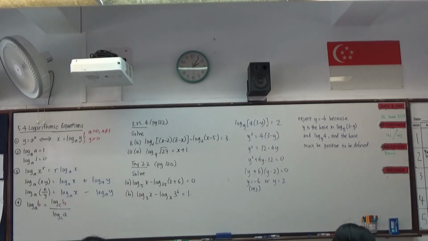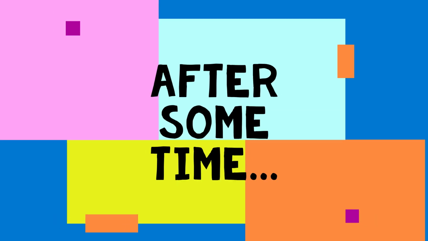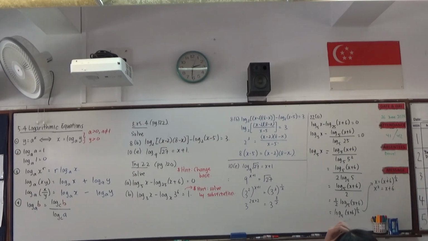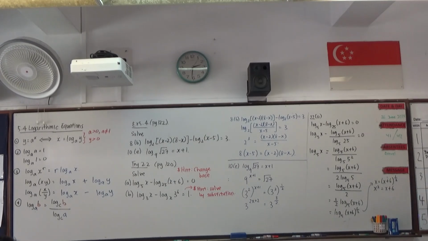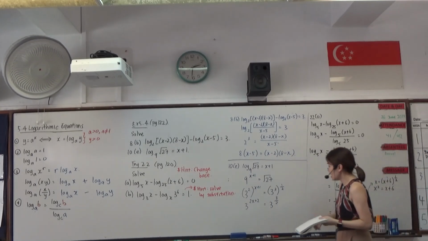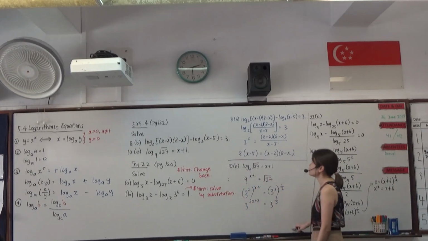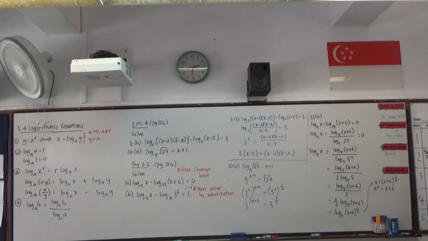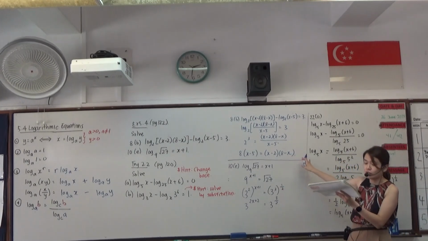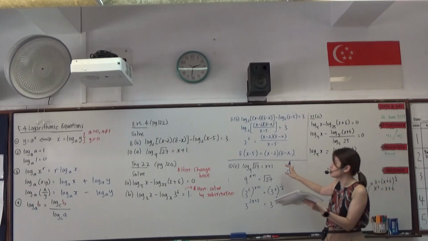Let's do this. I'm not sure whether I need to go through 8B or not. But just to check, moving on from here, you should be able to get a quadratic equation.